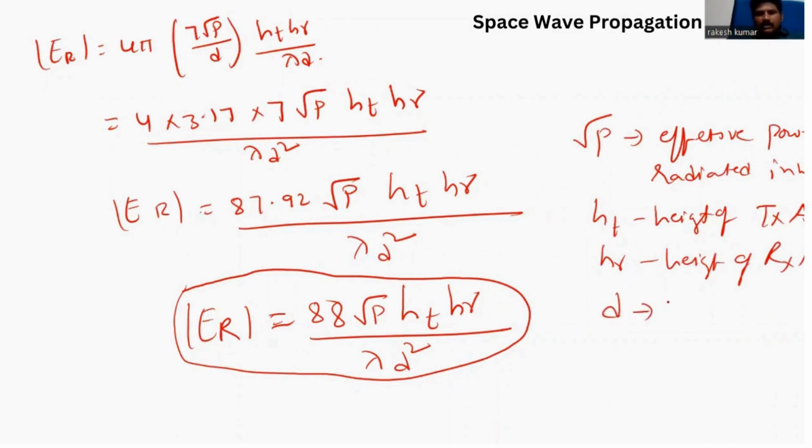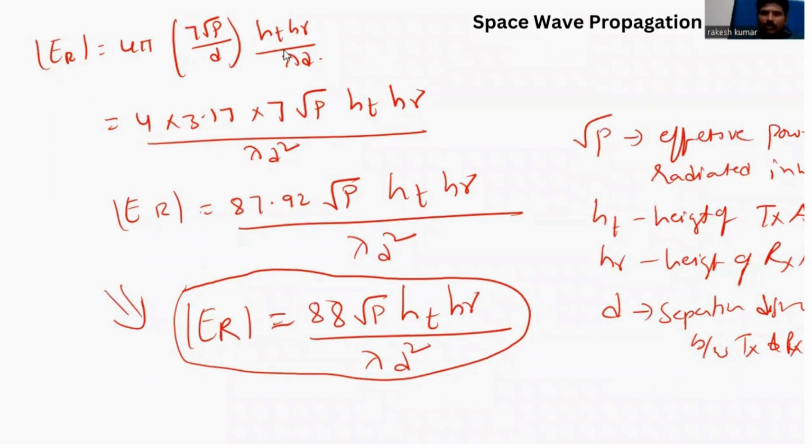What is this d? Separation distance between transmitting antenna and receiving end. So this is the final total electrical field strength. Okay, so electrical field strength of troposphere or space wave propagation.